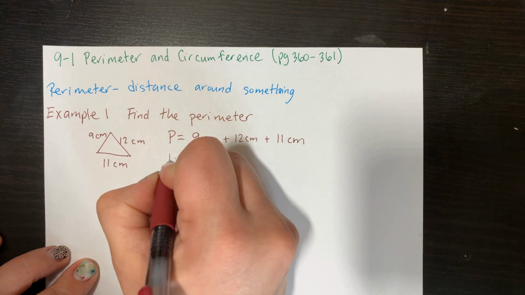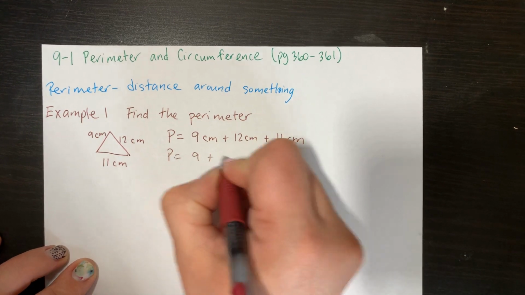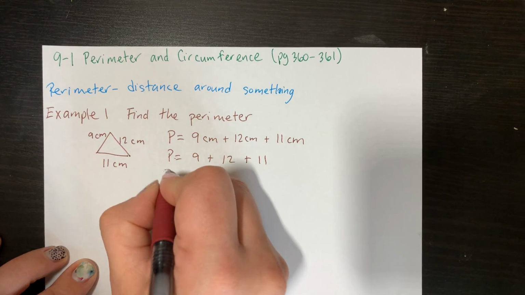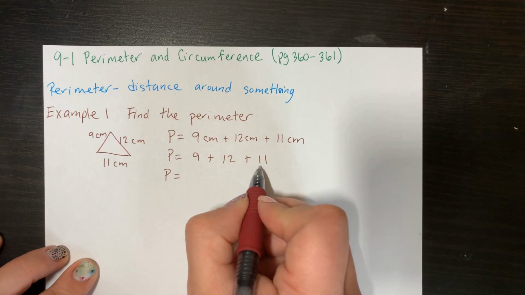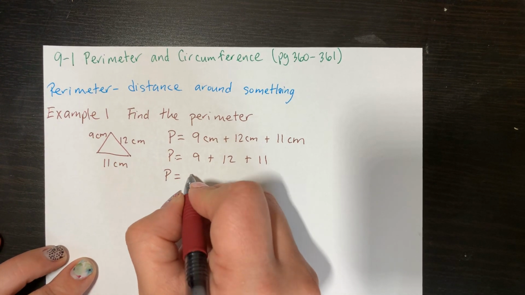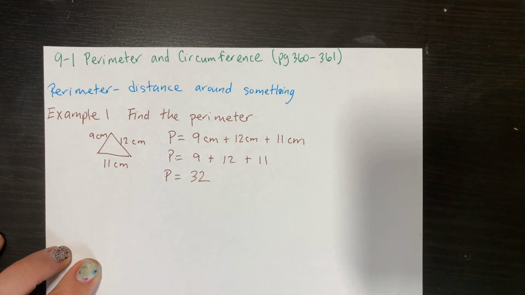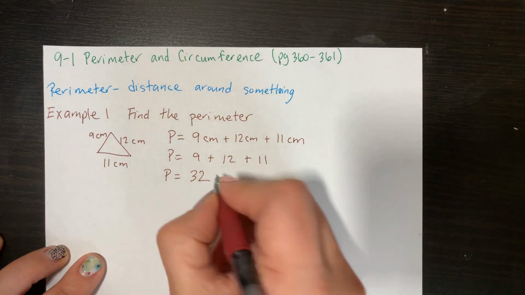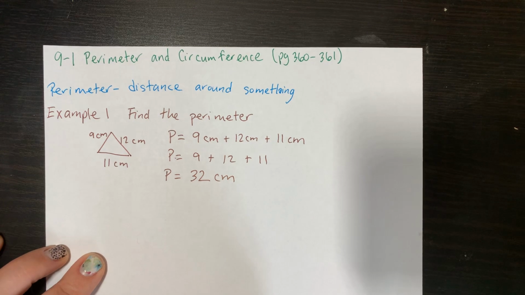Okay, we don't have to add those centimeters. We just need them at the end. So now we just add 9, 20 plus 12 more is 32. Okay. And the last thing we need to make sure we add is our units, centimeters.